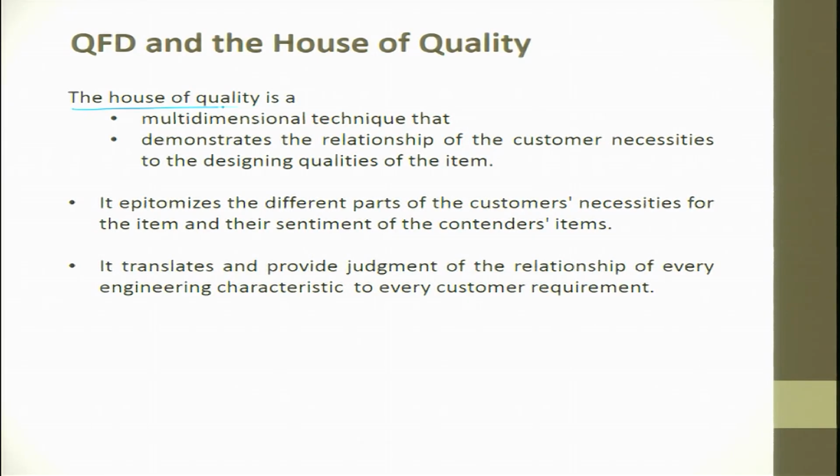So, there is a house of quality which is established, which is a tool used in quality function deployment. It is a multi-dimensional technique that demonstrates the relationship of customers' necessities to the designing qualities of the item.